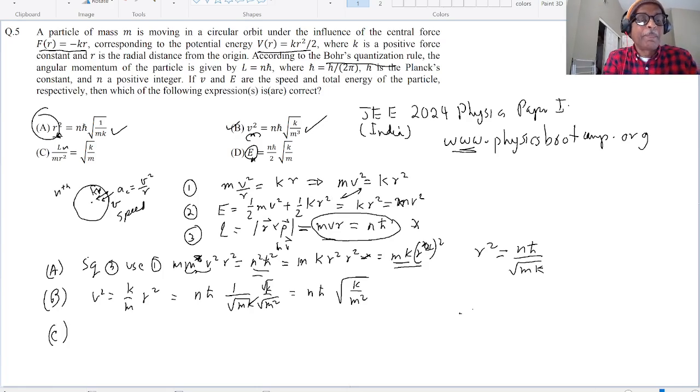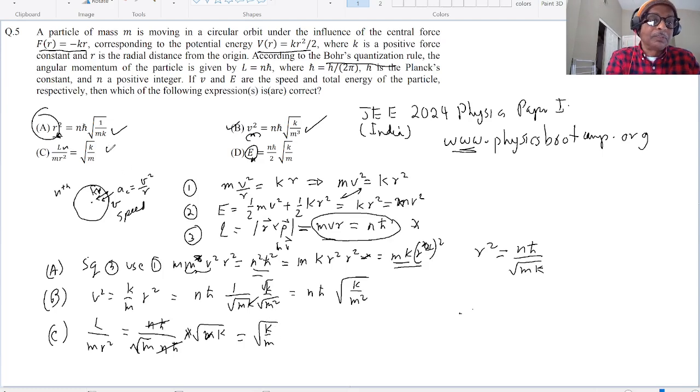Check C. Is it L over m r square? L is n h bar, and dividing by m r square gives n h bar over m times n h bar over square root of m k. The n h bar cancels, and it becomes the square root of k over m, which is also correct.